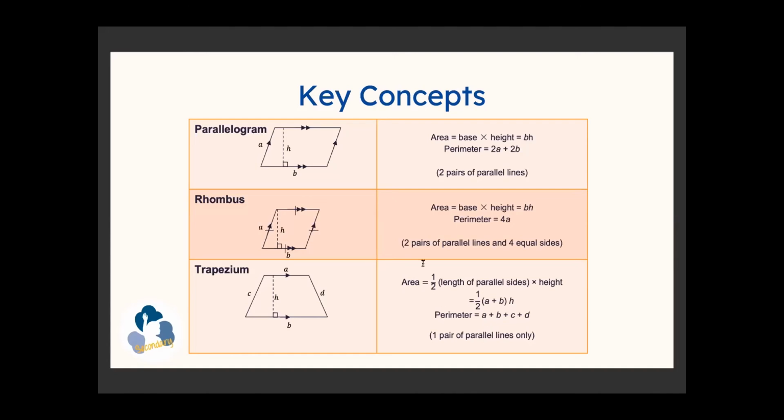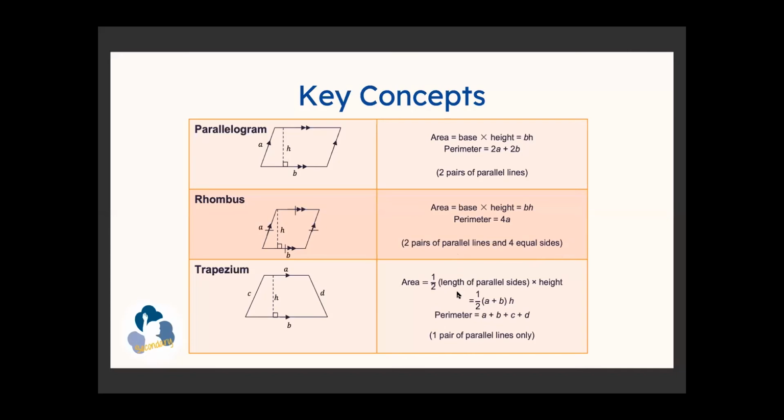Trapezium. Trapezium is slightly more challenging. Until now I still have students who get confused, so do take note. It's half times the sum of the lengths of the two parallel sides. When you look at a trapezium, you have to first identify the two parallel sides.